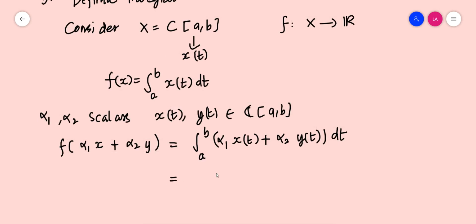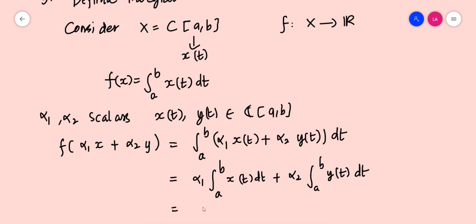This can be written as alpha 1 into integral a to b x of t dt plus alpha 2 into integral a to b y of t dt, which equals alpha 1 f of x plus alpha 2 f of y. From this property it is clear that f is linear, using the basic properties of the integral. So f is a linear functional.